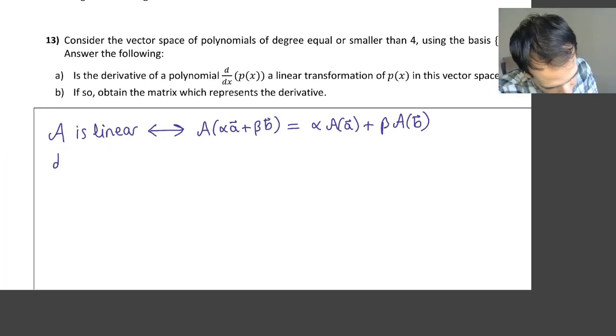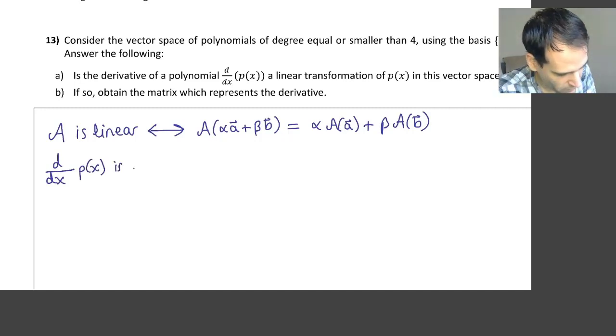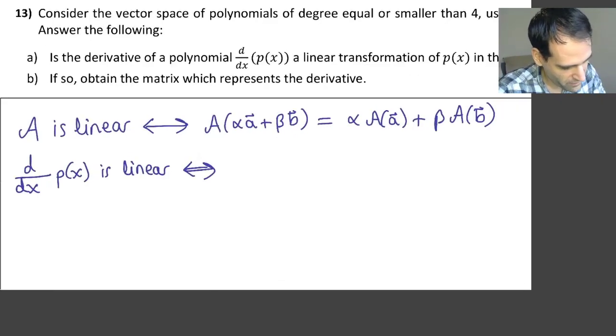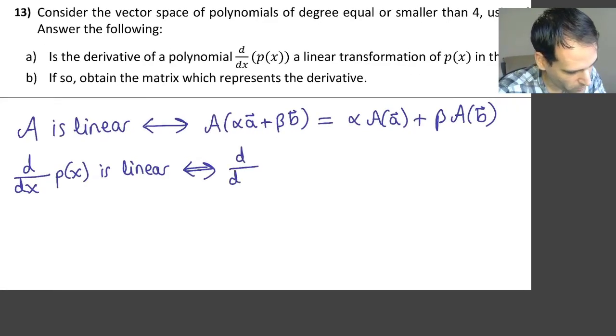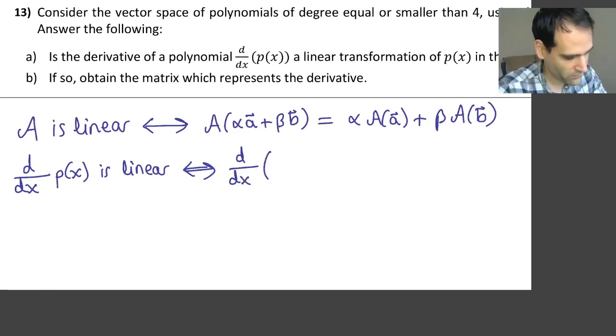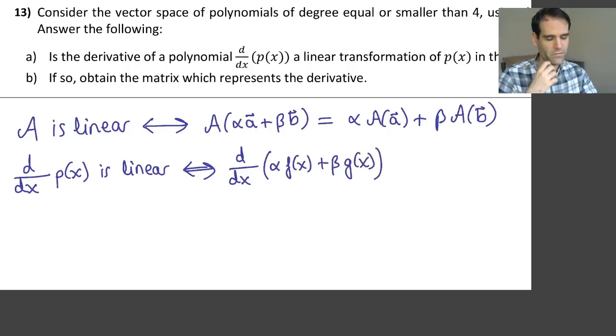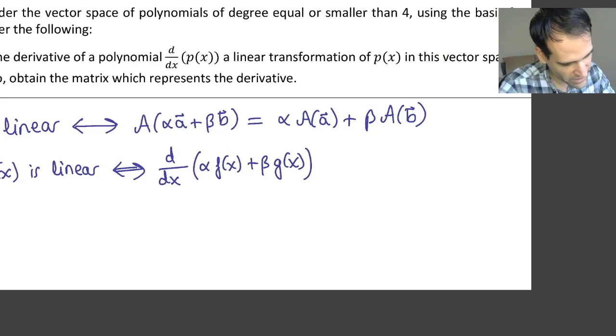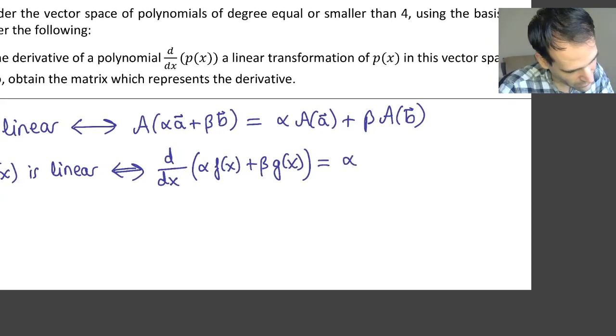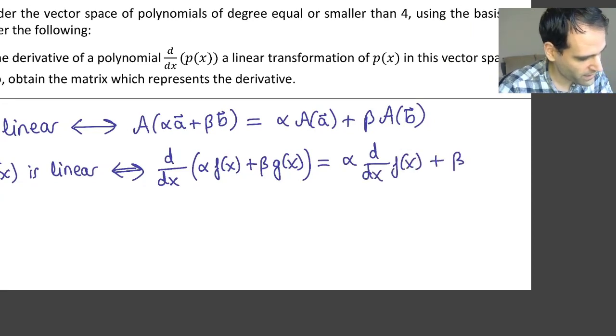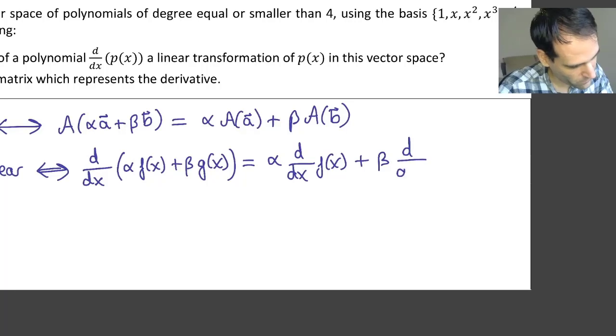So the derivative with respect to x of a polynomial p(x) is linear if and only if the derivative of a sum of polynomials, so we could write alpha times f(x) plus beta times g(x), where f(x) is a polynomial and g(x) is another polynomial, is equal to alpha times the derivative of f(x) plus beta times the derivative of g(x)?